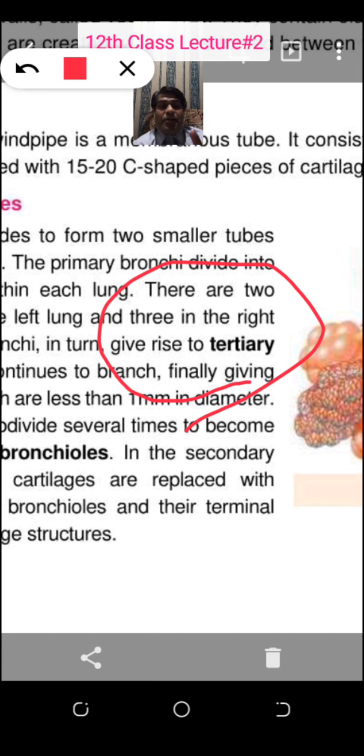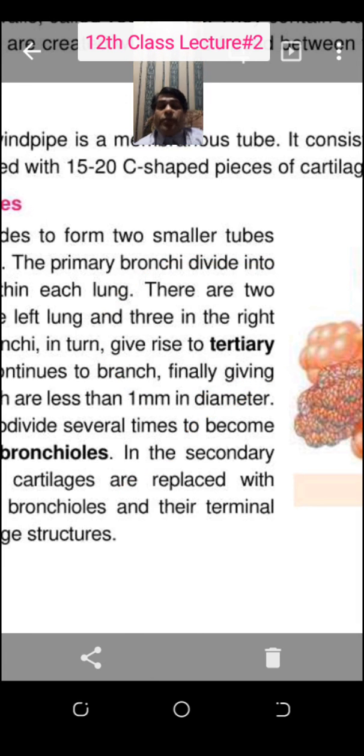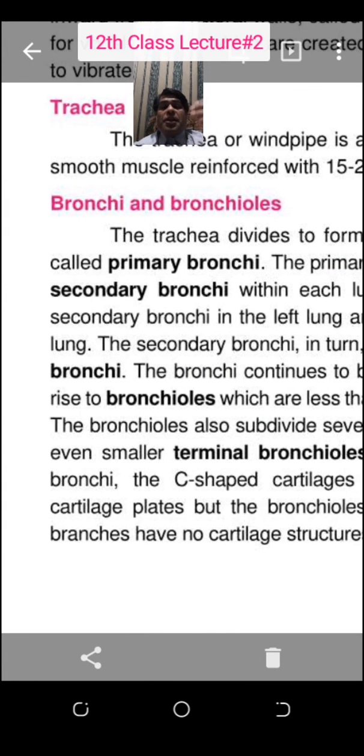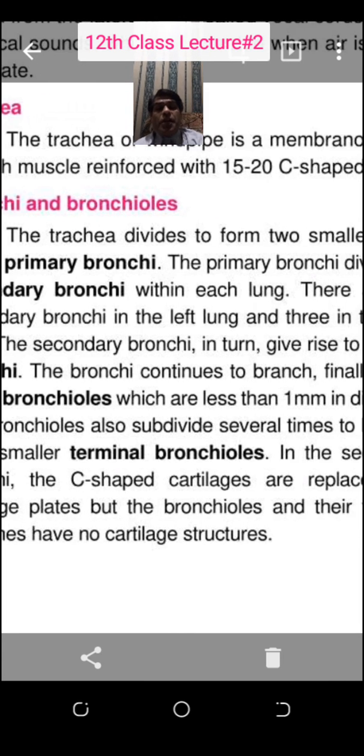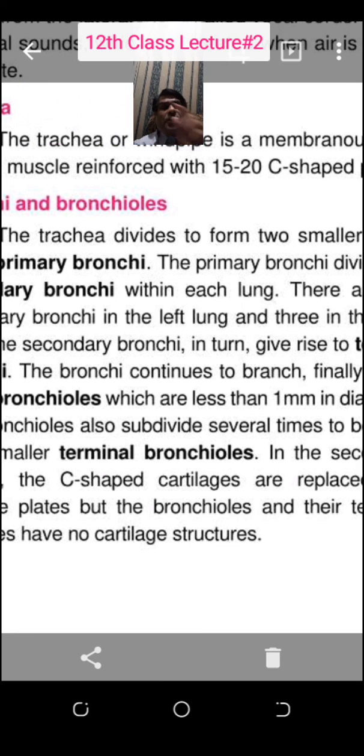When bronchi divide into two, one is primary, one is secondary. When bronchi divide further, that is called tertiary bronchi. Bronchi inside the lungs keep dividing. They enter into bronchioles, then the terminal bronchiole, which changes into the alveolar duct, a small tube before the alveoli cells, and then into alveoli cells.